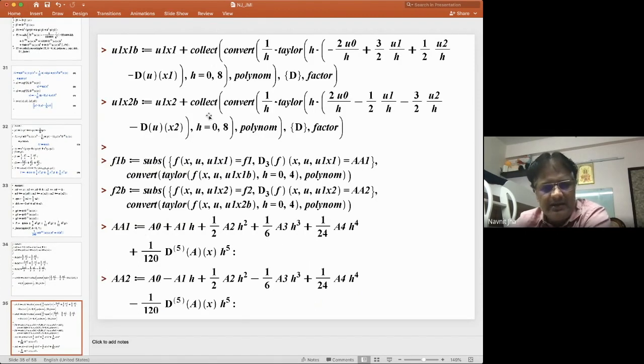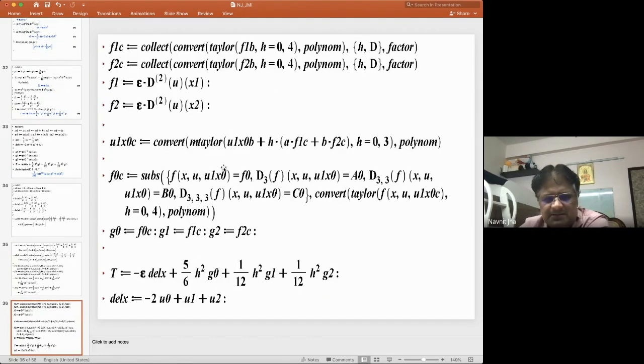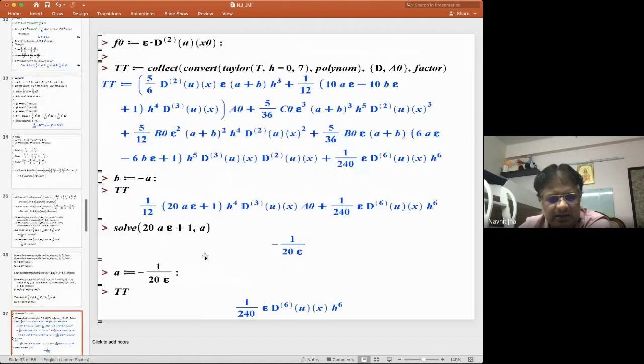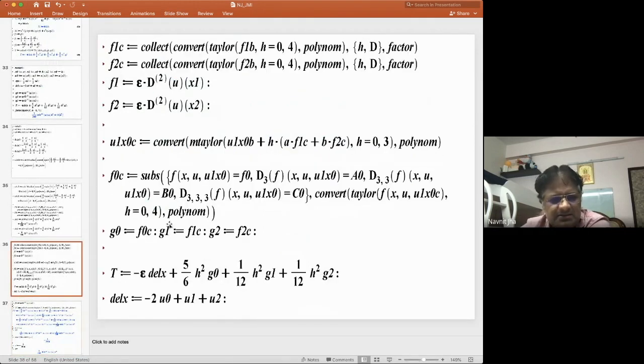Like this, expand it in a Taylor series, you will get this final scheme. These are the derivations. I hope you can understand it. This code is written in the easiest manner.